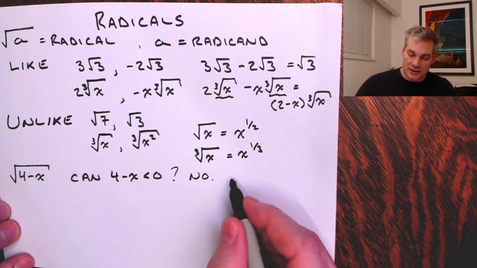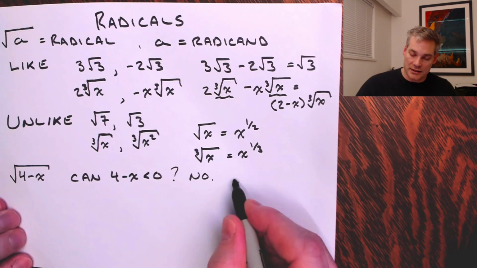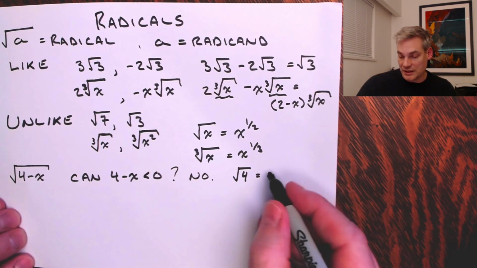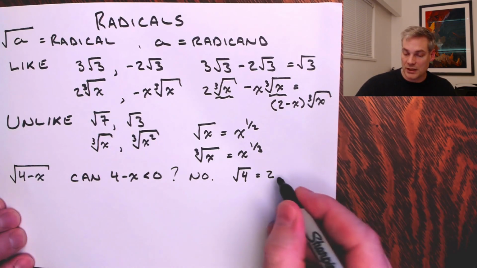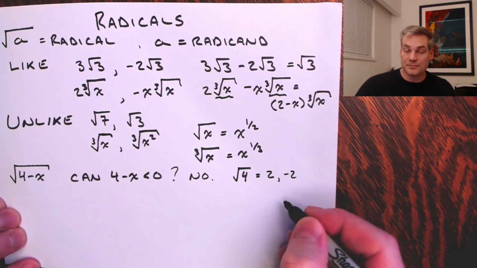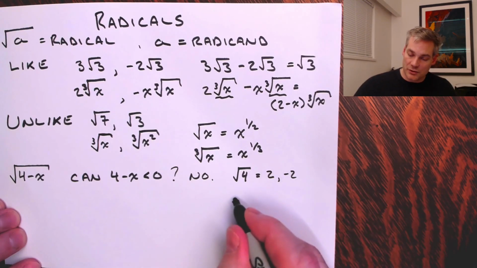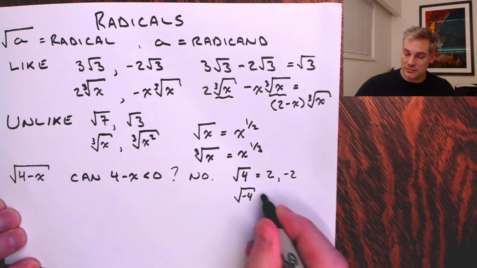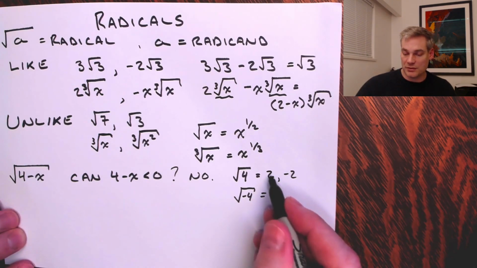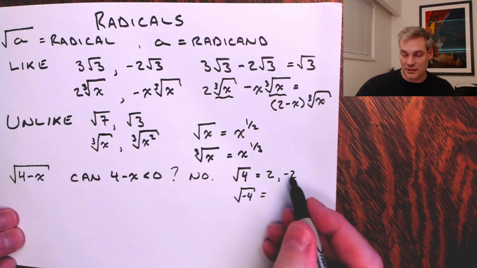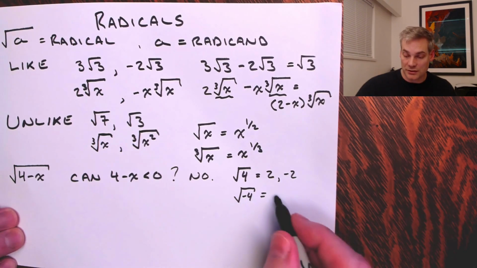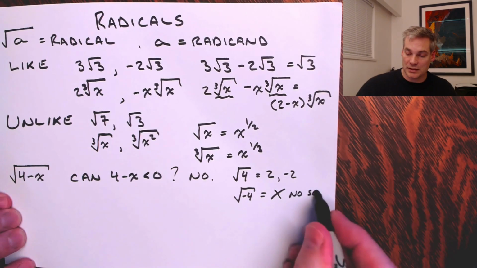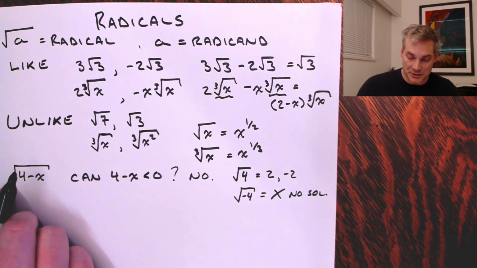So let's say we had the square root of negative 4. What two things multiply to negative 4? 2 times 2 won't equal negative, and negative 2 times negative 2 won't be negative. So there's nothing here. No real solution is what we'd say.